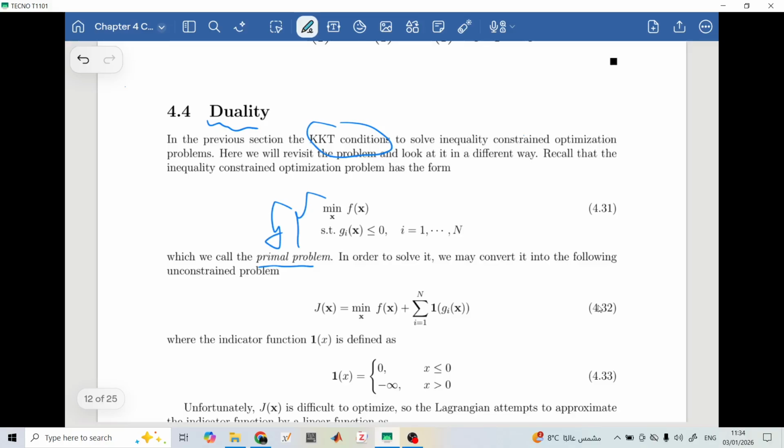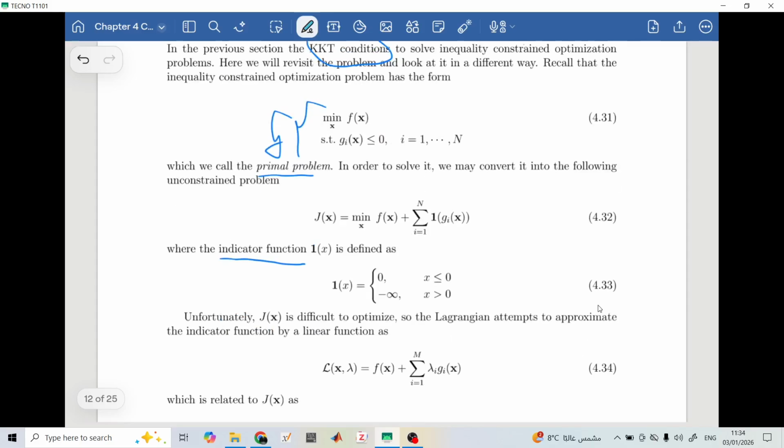We introduced the Lagrange multipliers, but we skipped a step actually in the derivation here. In order to solve it in a rigorous way, we need to identify this indicator function, which means that if x, the input of this indicator function, is less than or equal to 0, you'll get 0, right?